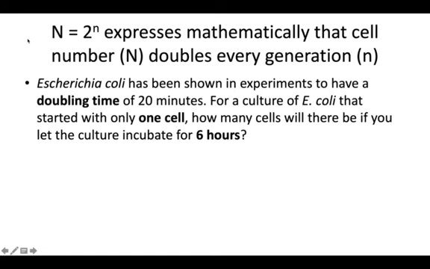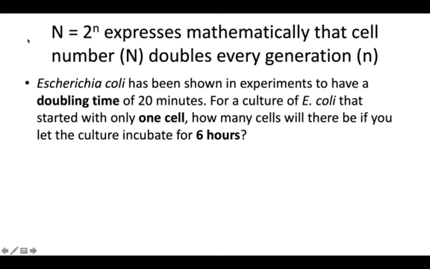So if we look at that problem, first of all, we need to know how many generations have been made within that 6 hours, okay? Before we can find out the number of cells at the end of that. So anyhow, we've got 6 hours. The bacteria reproduces every 20 minutes.